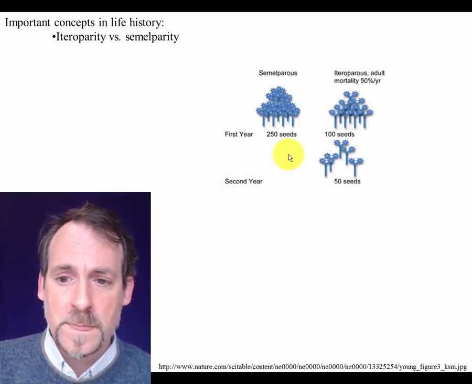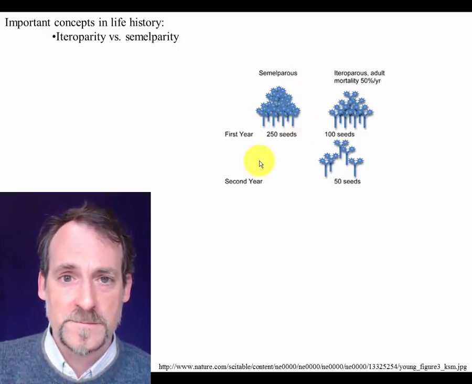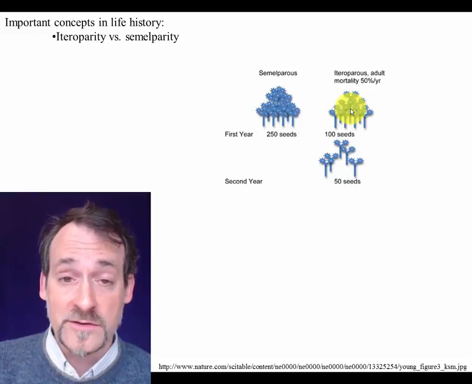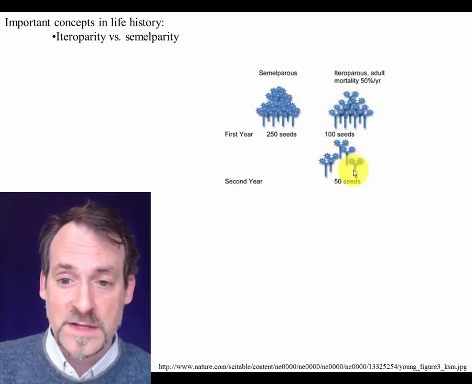The second year, obviously, this plant is not going to have any offspring. Okay, these plants can have 100 seeds the second year. Any plant that survives will have 100 seeds the second year, but only half of them are going to survive.